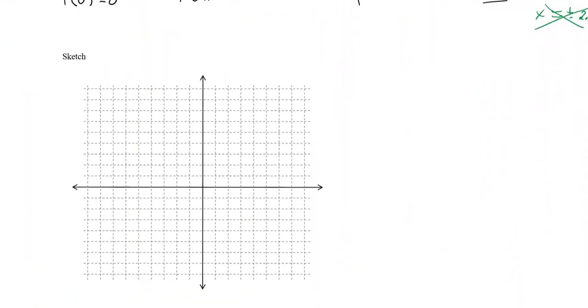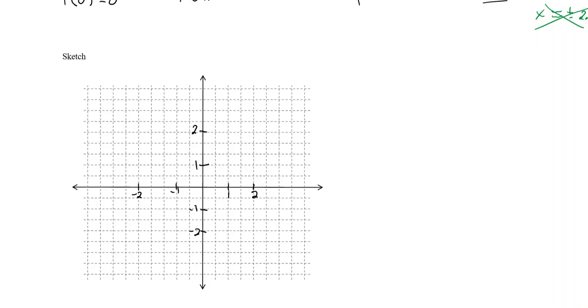So we know if we make our graph, make every 2 boxes maybe, that'll be negative 1, and this will be negative 2, 1, and 2. And then I'll do the same in the y. This will be 1, 2, negative 1, and negative 2.